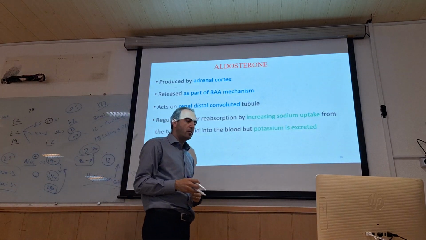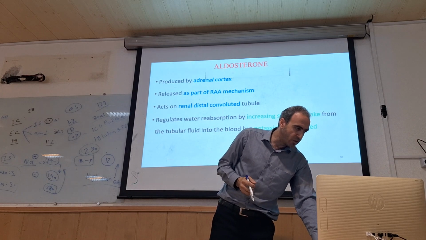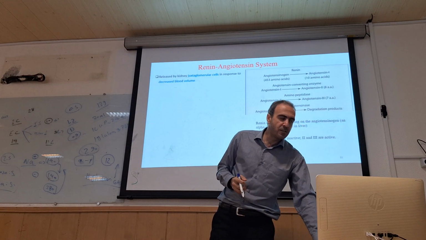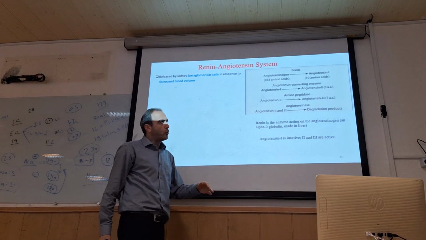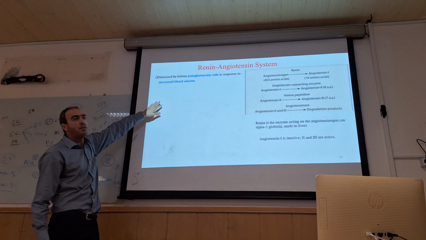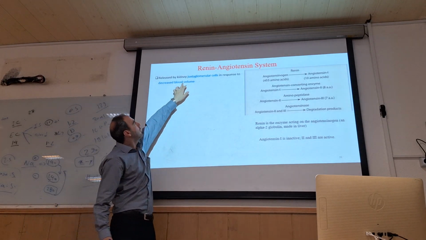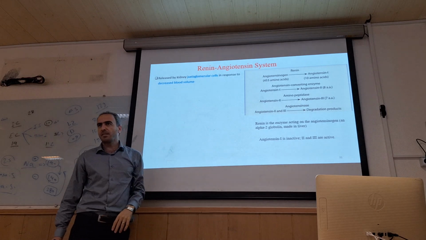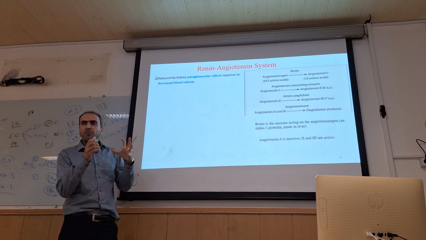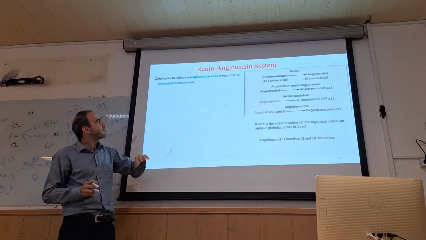How does aldosterone start its work? By the renin-angiotensin system. We have some cells in the kidney known as juxtaglomerular cells, and they sense the blood pressure.